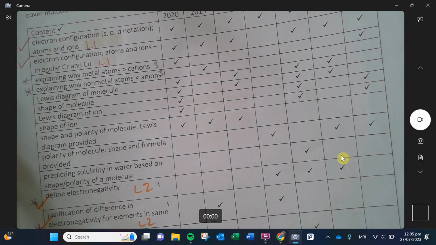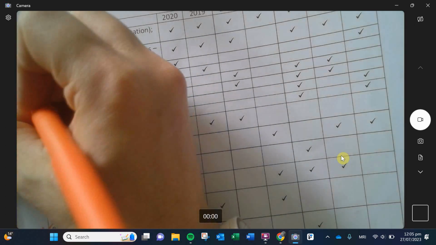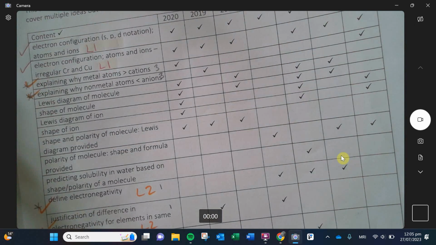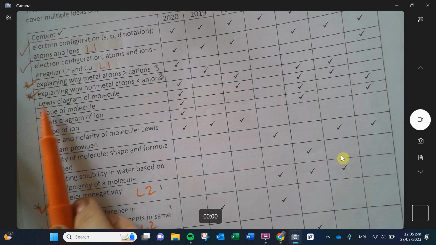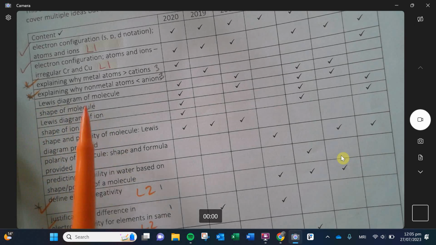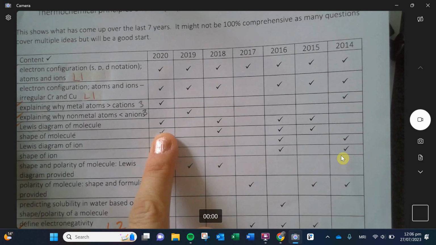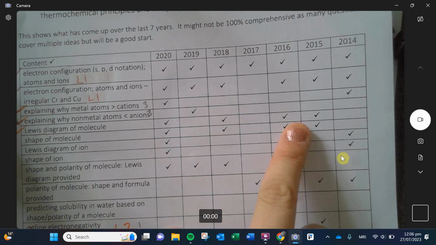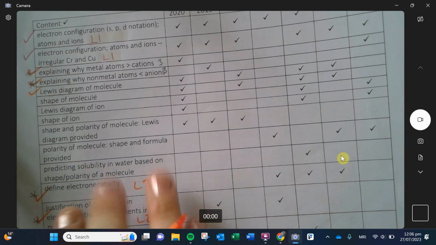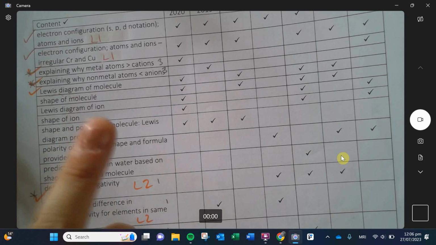Looking at the audit, you guys can see what we've done. We've talked about the Lewis diagram of a molecule. That comes up quite frequently: 2020, 2018, 2016, 2015. We'll do shapes tomorrow.